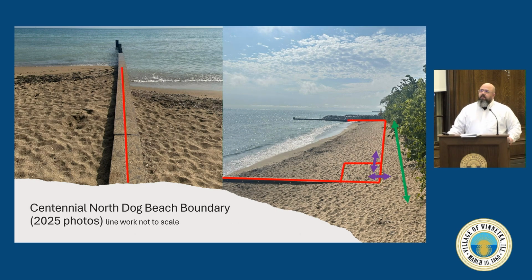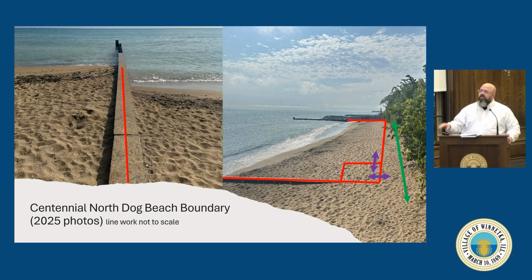This is just an overview here. These are photos from 2025. This is showing the center steel groin, or where the north fence line would be installed. The red line is indicating where that would be. The image on the right is kind of a north to south view of the beach, once again laying out the parameters of the beach itself, the dog beach area.